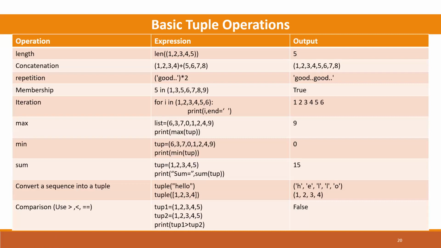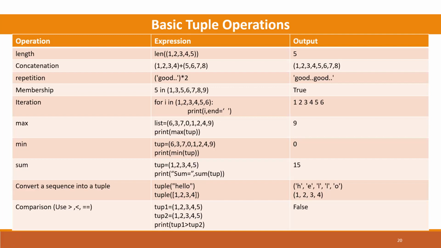The len function, we already know what it returns: the length of the tuple. Then concatenation is used, repetition, that means replication, that is star, membership is present here, that is in, iteration for i in tuple, already shown, max, min, sum. We can convert a sequence into a tuple, which I already used in my last example. Here a string is converted to a tuple, or a list is converted to a tuple. Then we can compare whether two tuples are the same or not.